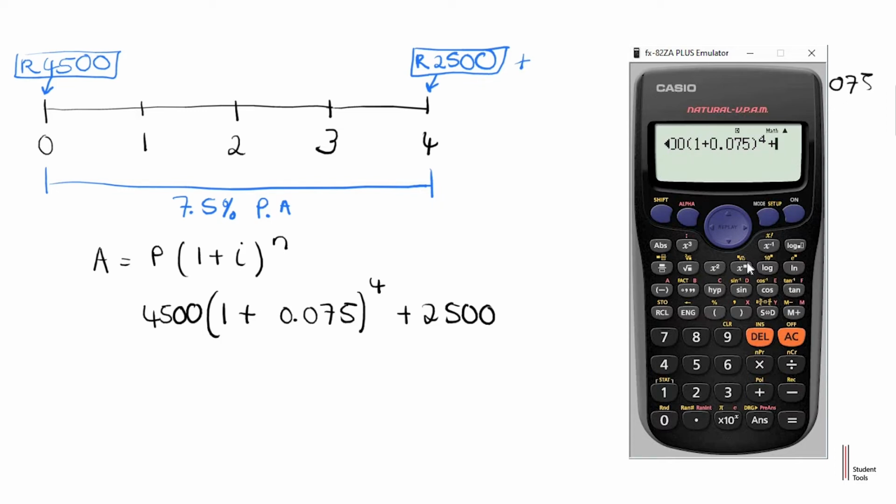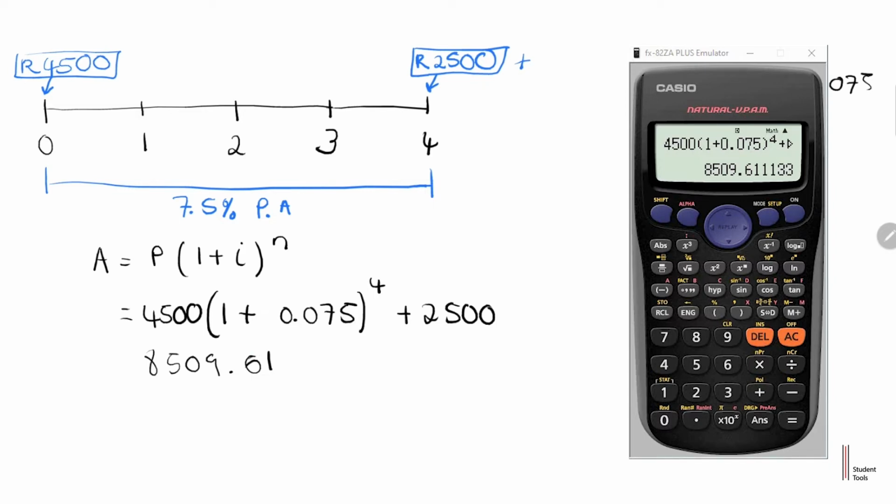So we will add the 2,500 to get the amount of money accumulated immediately after the second deposit. So that's the second deposit of 2,500. And the amount that is in her account immediately after the second deposit is 8,509 and how many cents? 61 cents.